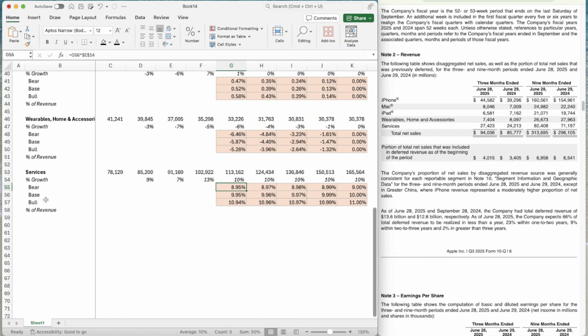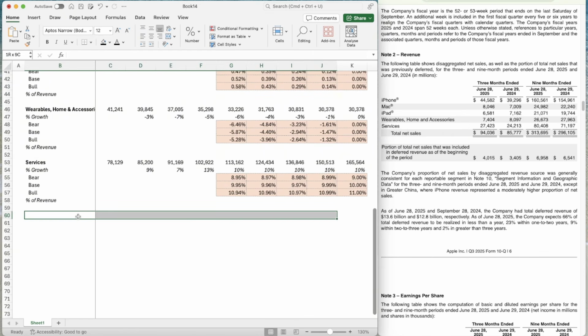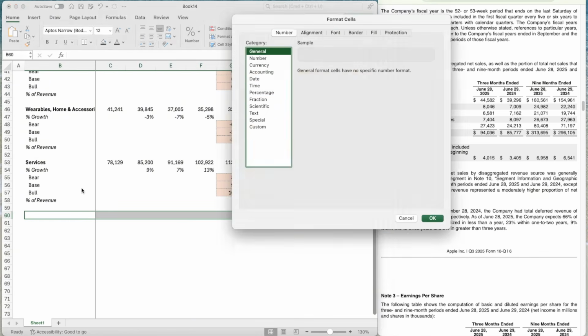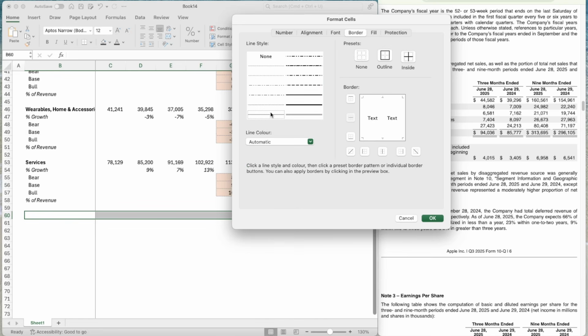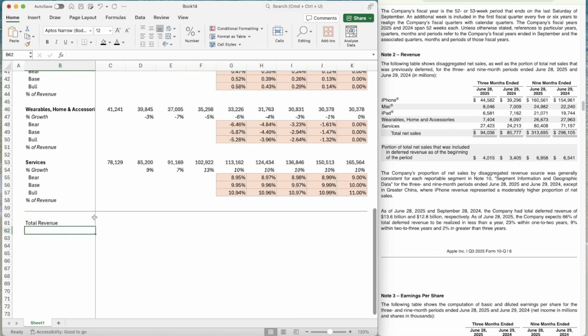Okay. Now we can sum up our revenues. And yeah, we'll definitely do these percentage of revenues because we want to see how each segment is changing, basically.